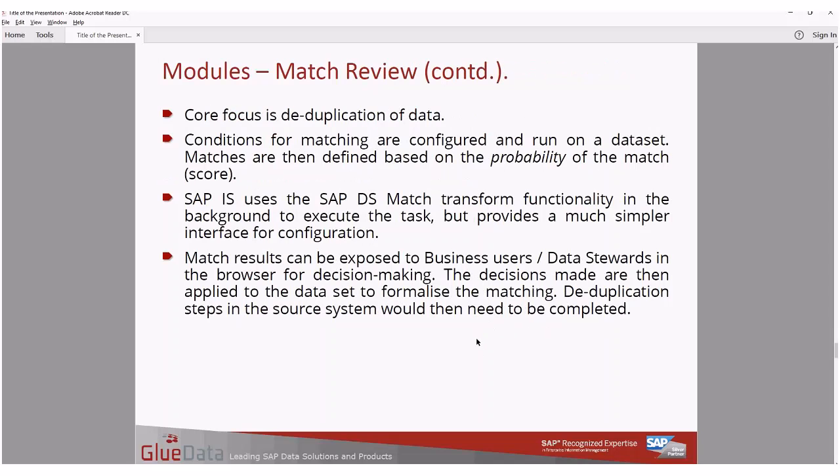Match review. As I said, the core focus is deduplication. We define the conditions for matching, and then the match result returns the probability of a match. So let's say I've got 3 customer entries that look very much the same. The match review shows me those 3 that are very similar, and I can expose those results to the business. They can effectively select which is the master, and which are the subordinate records, and then you can do a cleansing exercise where you roll those 3 accounts into one effectively.